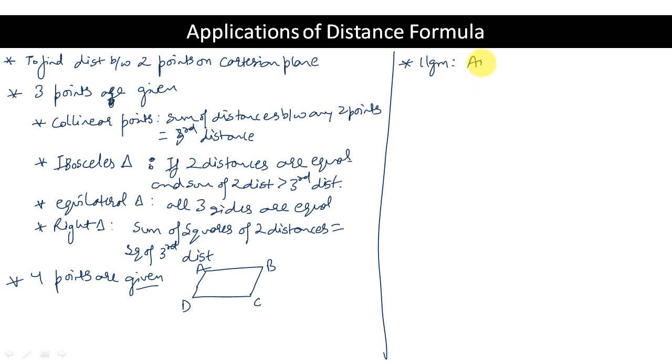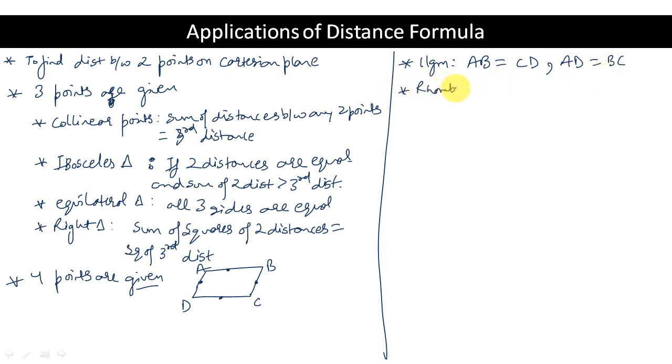The side AB will be equal to CD and AD will be equal to BC. Both pairs of opposite sides are equal, then it will be a parallelogram.